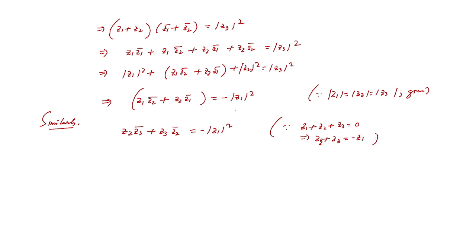And in a similar way to the previous case, you can show that Z2 Z3 bar plus Z3 Z2 bar equals minus mod Z1 whole square. And also you can show Z1 Z3 bar plus Z3 Z1 bar will be minus mod Z1 square. This will be the double star, and we can use a triple star.